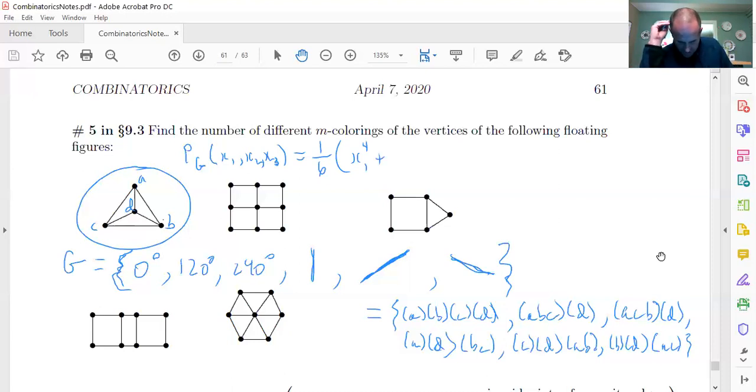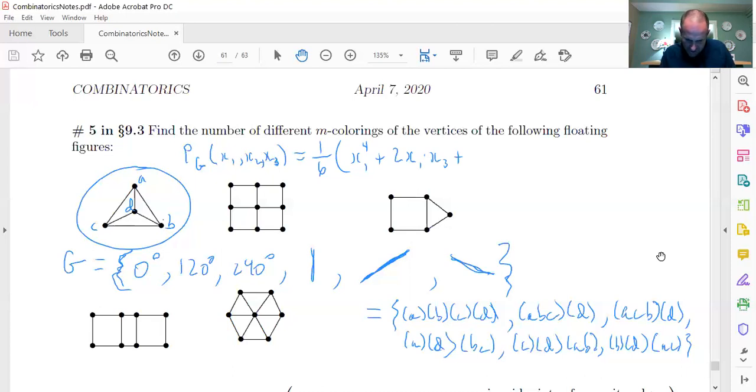I have a 3-cycle and a 1-cycle in there as well, and there are 2 of those. So it's going to be 2 x1 to the 1st power times x3 to the 1st power. That comes from the 120 and the 240 degree rotations, plus what?